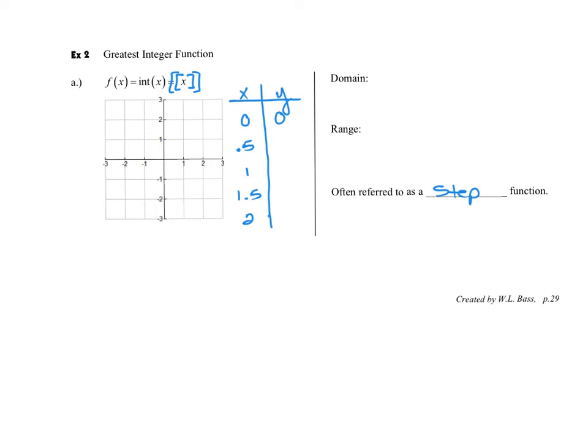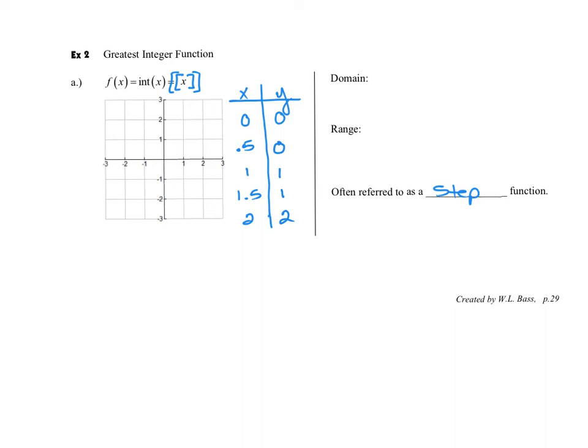It's going to say, well, it's not yet that next whole number, so I'm going to keep it at a 0. And then when it gets to 1, now it says, oh, I'm at my next integer, so it's going to give me a 1. Continuing that process, when it gets to 1.5, again, the function says it's not yet the next biggest integer, so it's going to keep it at 1 until it reaches 2. And at 2, it finally reaches that next integer.